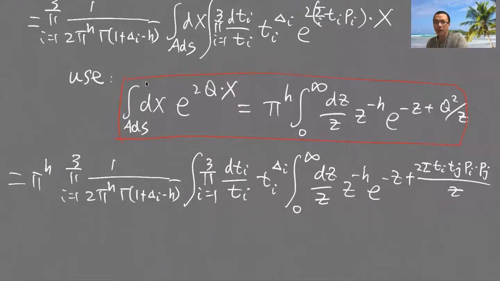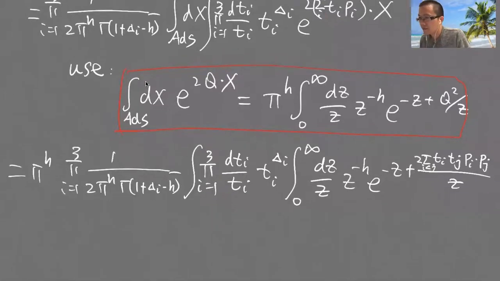Because each P_i squared is 0, you only have i smaller than j. I hope you can see it.